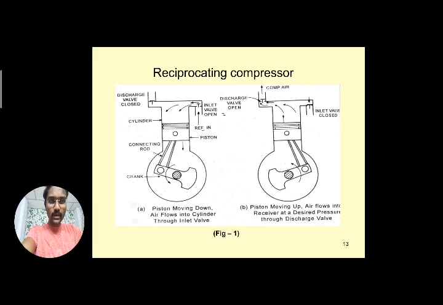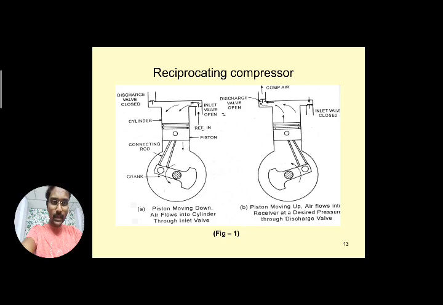Two diagrams are given. The first diagram indicates the piston moving down, and the air flows into the cylinder. You can see the inlet valve is open, so through the inlet valve the vapor refrigerant is entering, and the piston is moving downwards, as the arrow indicates.